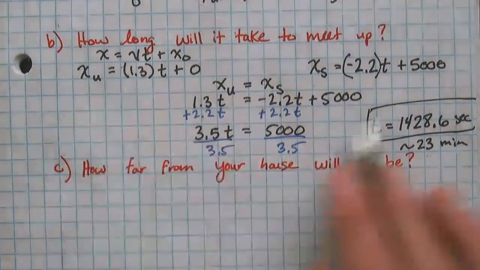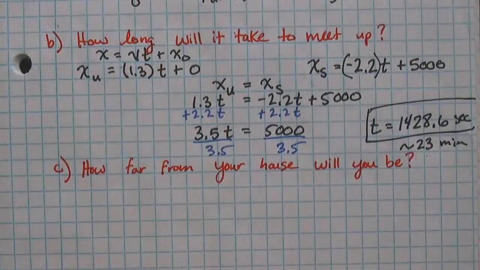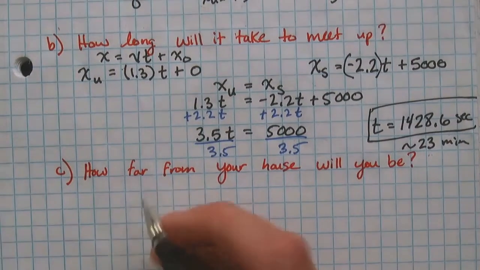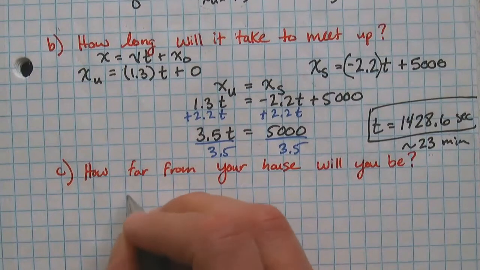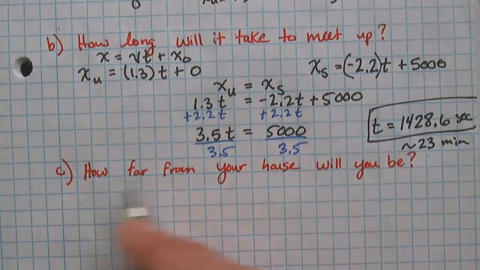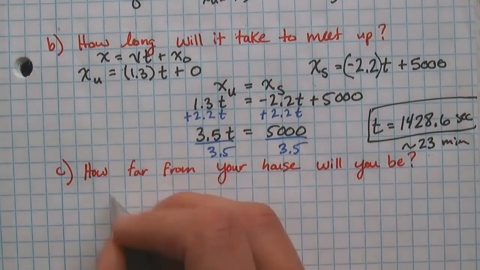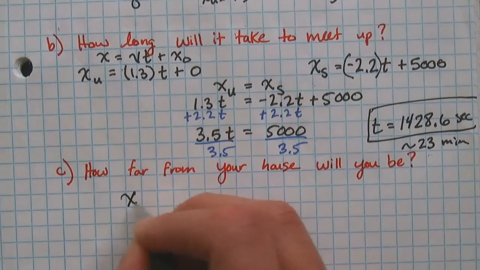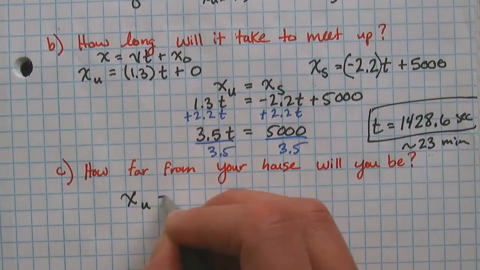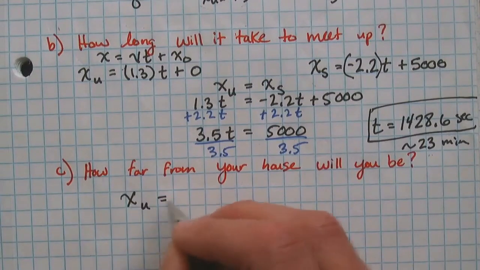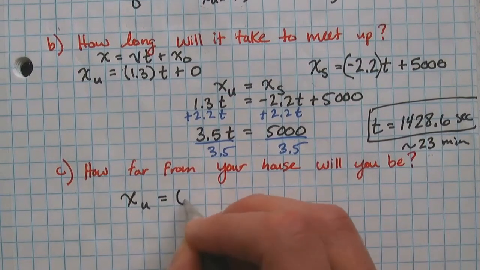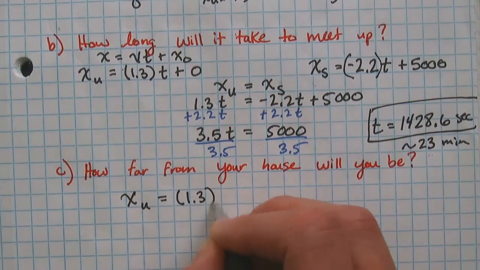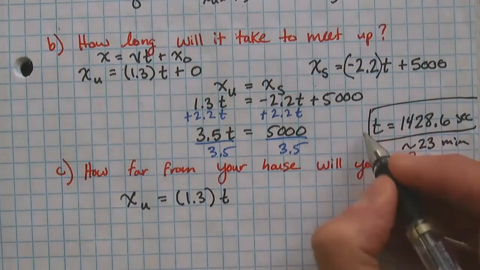So that's the hard part of this type of problem, is figuring that out. Once you have that done, it's asking how far from your house will you be? Simply take this time and plug it into the equation for you, right? So how far from your house? Well, that's what xu is. xu is how far you are from your house. So that's just going to be 1.3t, right? That's your equation.